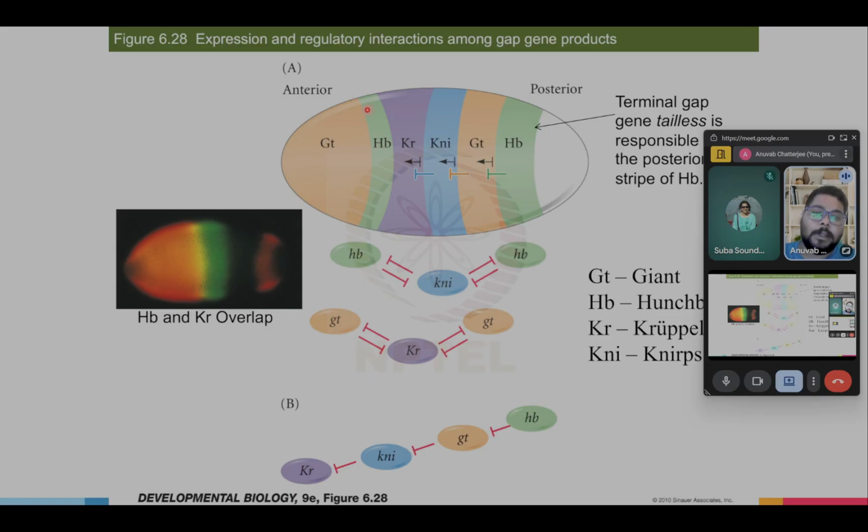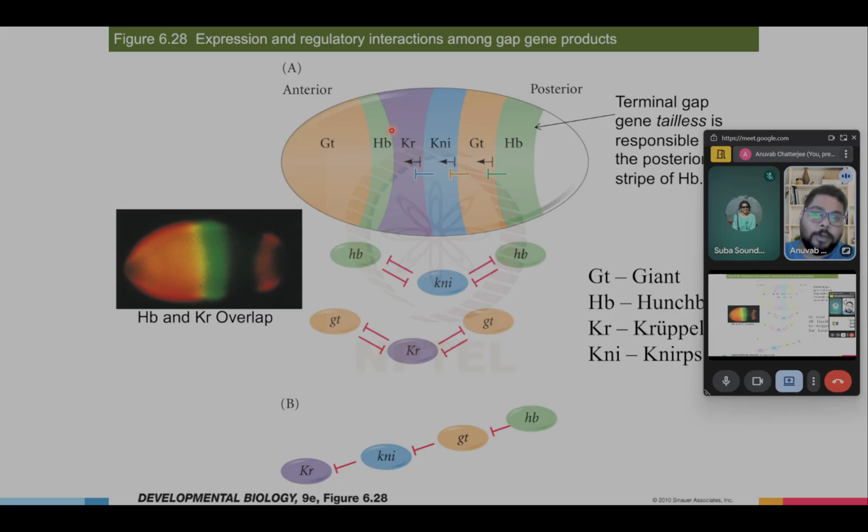So we have giant, followed by hunchback, and next we have Krüppel. So here, interestingly, the gap genes actually hate each other, but they hate the alternate ones. So giant doesn't like Krüppel, Krüppel doesn't like giant. So you can see right here, giant opposes Krüppel coming up right close to it.